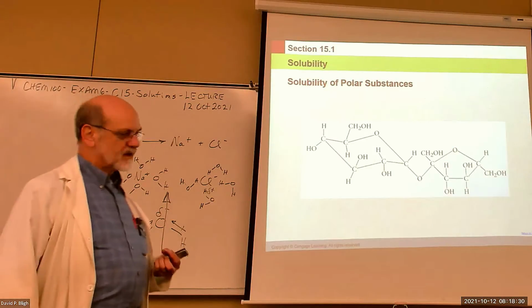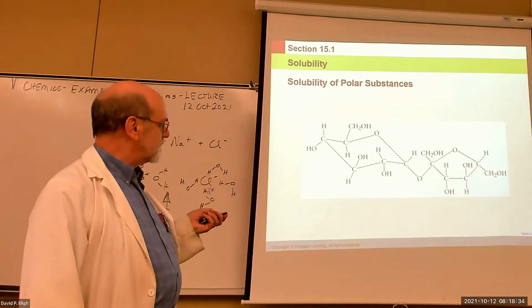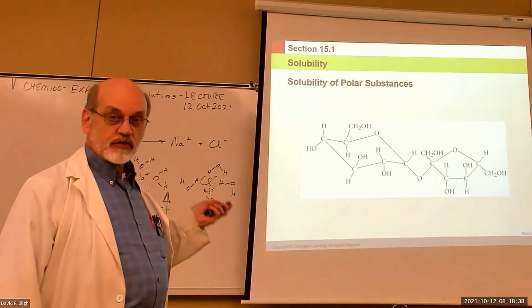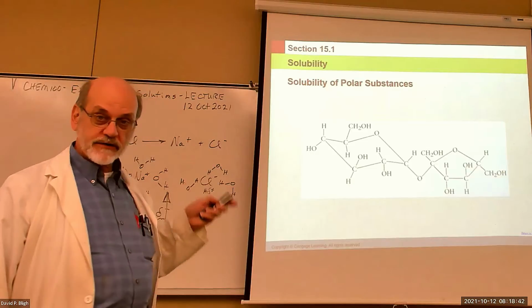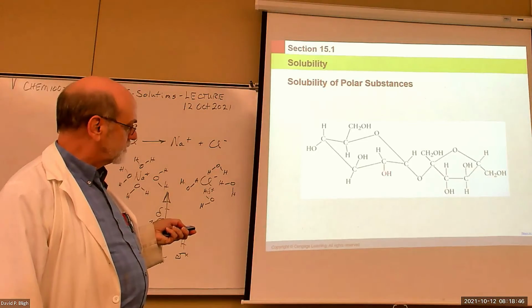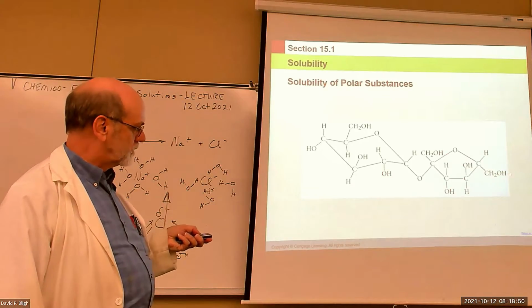This is, you don't have to memorize this, it's just for illustration. This is the geometric structure of sucrose, table sugar. And one thing you'll notice is all of these OH bonds, all these OH groups scattered all over the molecule.